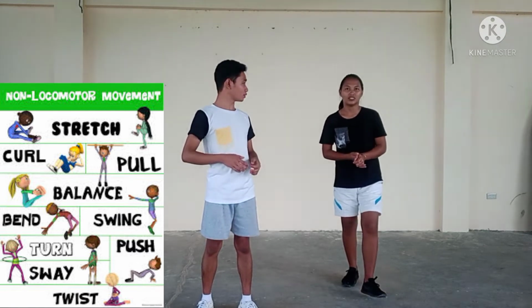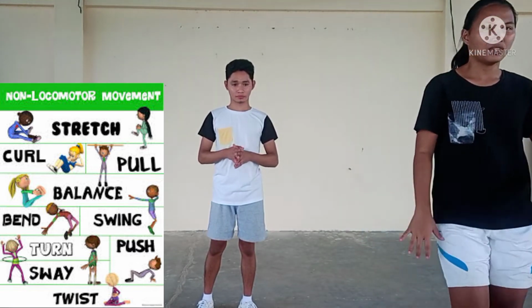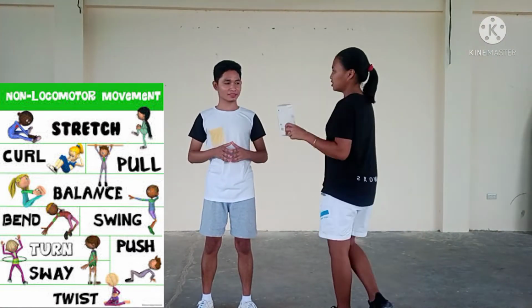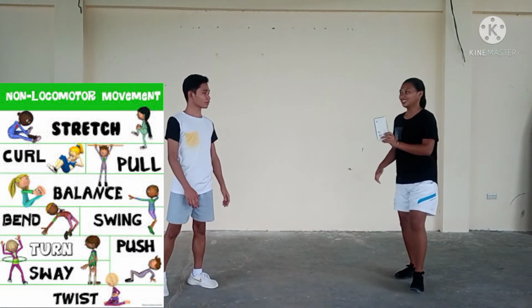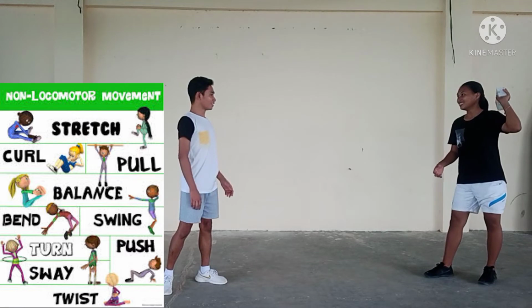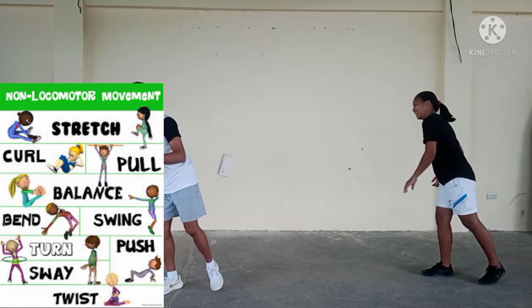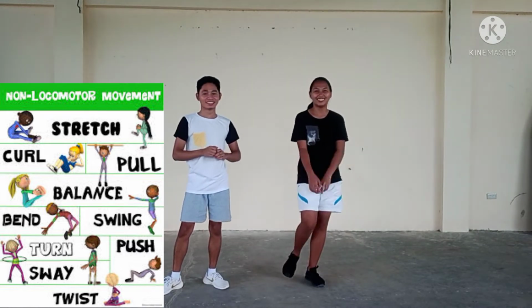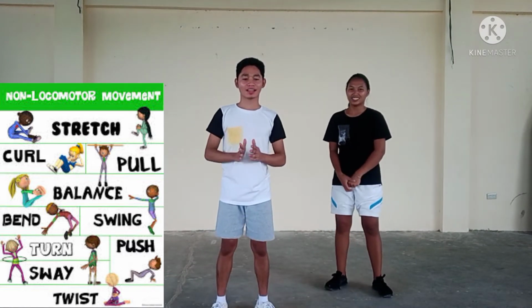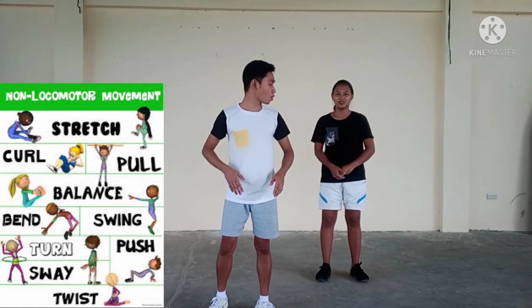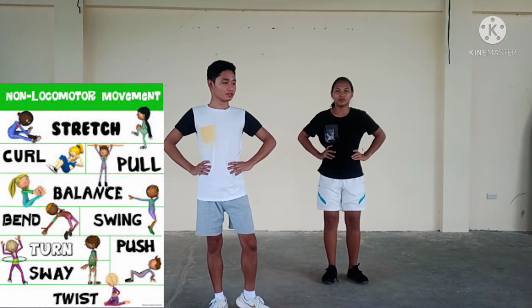And then dodge. So I am going to hit him with this box. Dodge. So that is what we call dodge. And then balance. So in balancing, goes like this.